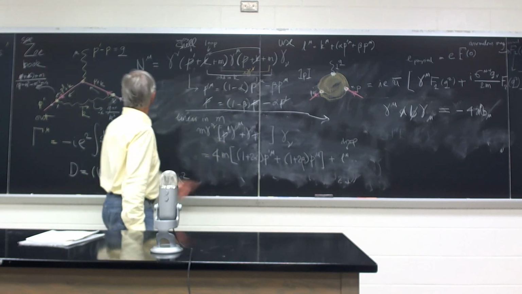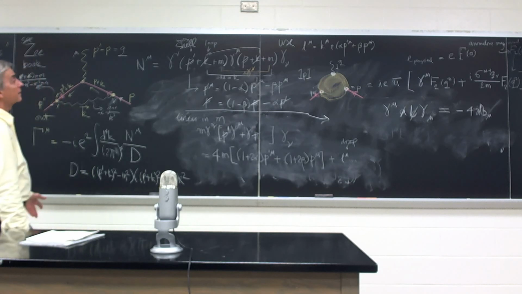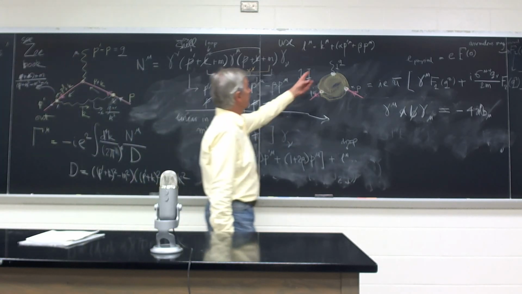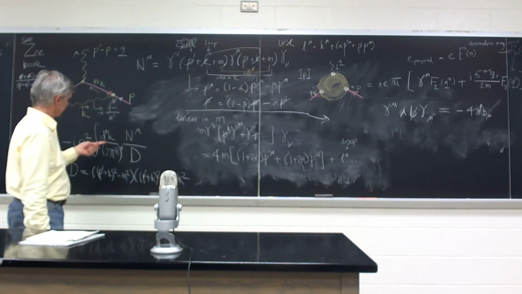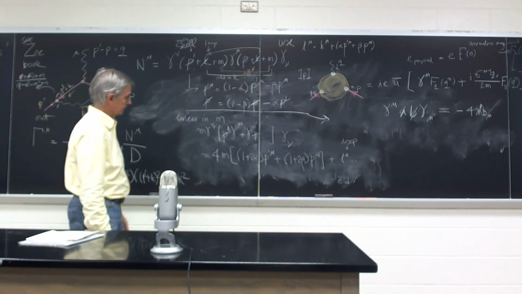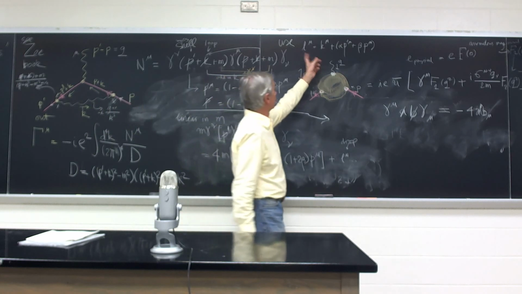So I use, I hope I didn't drop it, I use this identity here because I'll be integrating over L and not K to shift the origin.